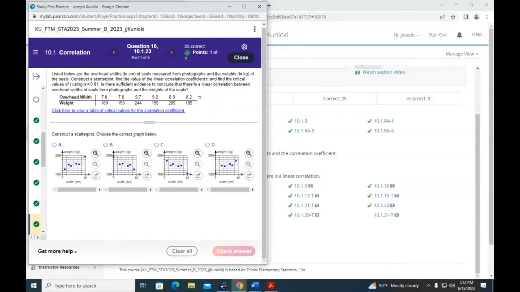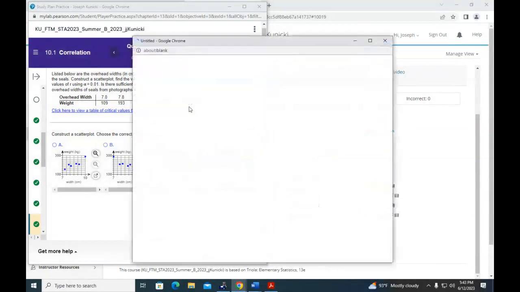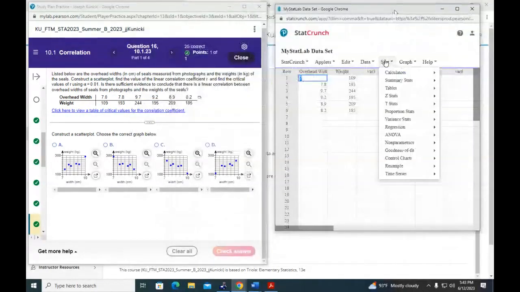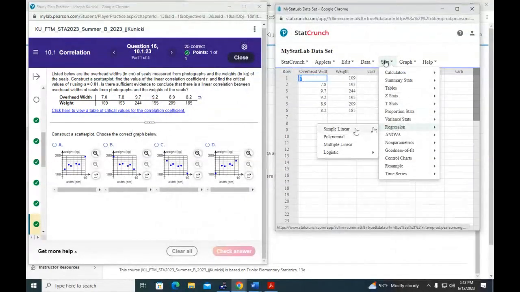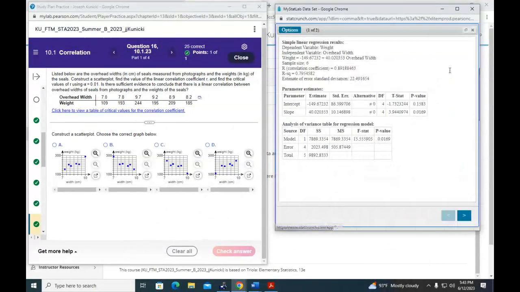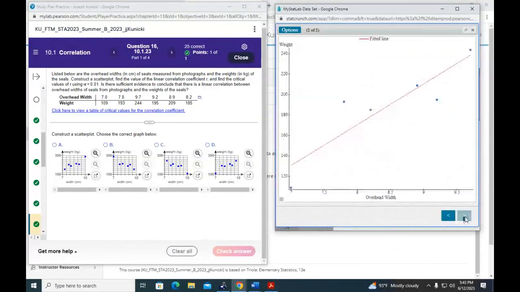All right, so we're going to open StatCrunch and do a simple linear regression. The x values are the width, the y values are the weight. We compute, and look at the scatter plot. The outlier at the bottom looks like D. Let's double check.